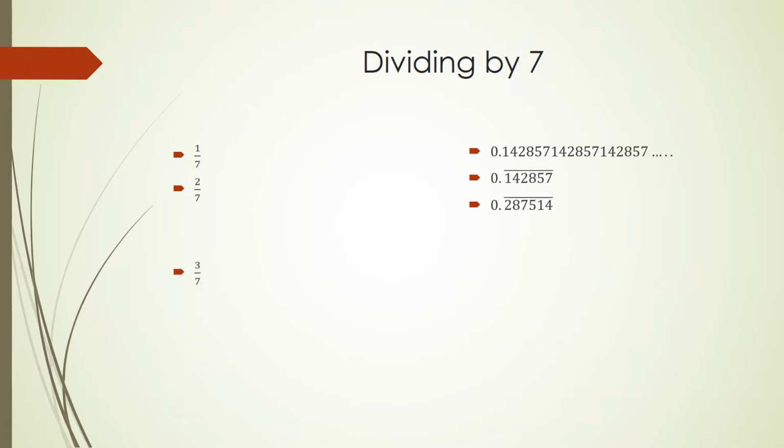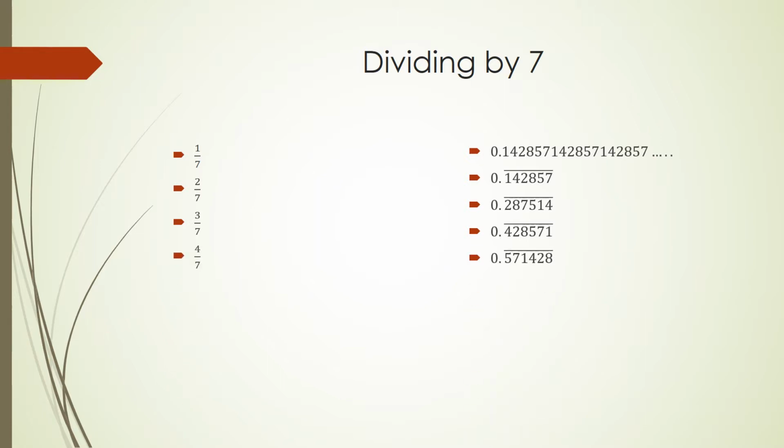The same thing with 3 divided by 7. This time we'll start at the next highest number, which would be 4, I believe. 428571, which you'll find right there, 428571. And then it just repeats and repeats.